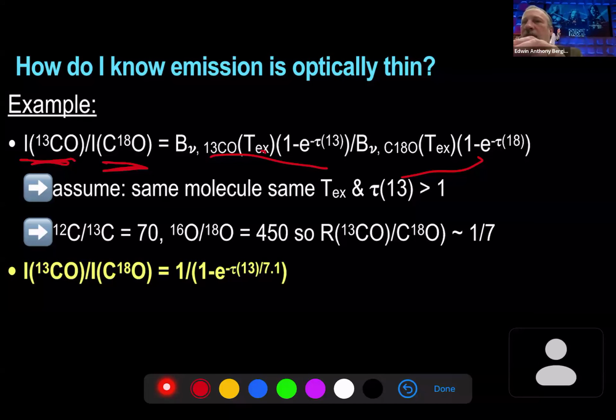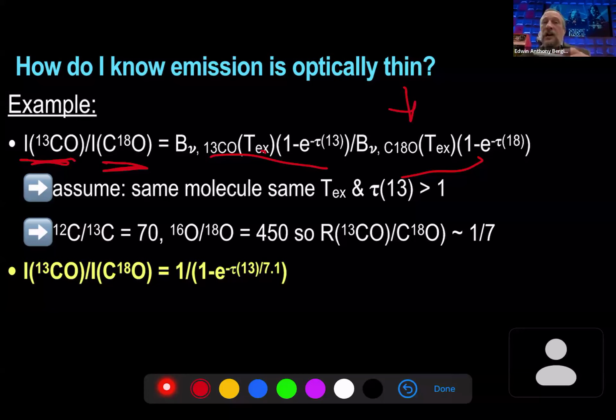I'm ignoring the background here. 1 minus e to the minus tau of 13CO, black body of C18O, 1 minus e to the minus tau of C18O. All right. It's the same molecule. They should have the same temperature. And I know the optical depth of 13CO is greater than that of C18O, because optical depth depends upon abundance.